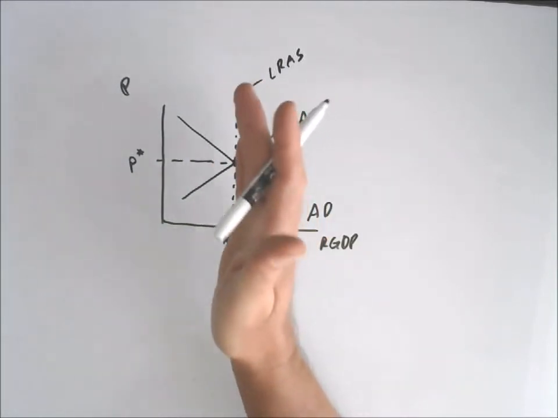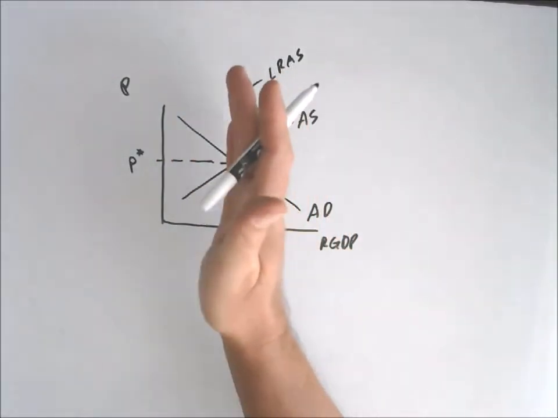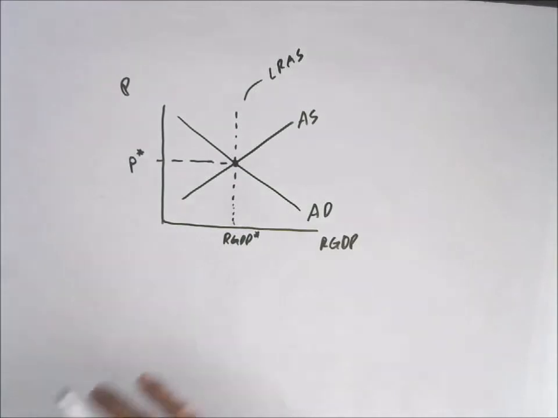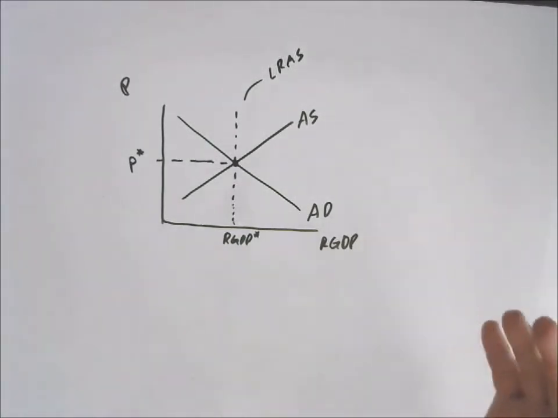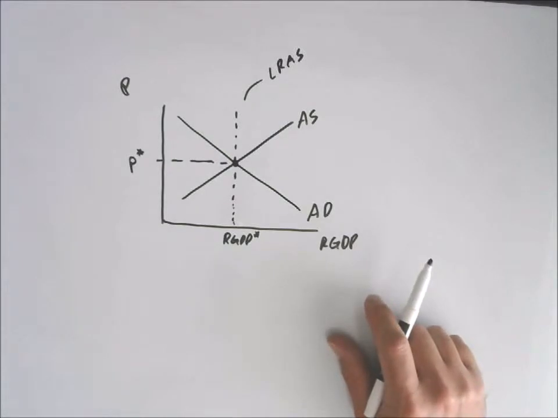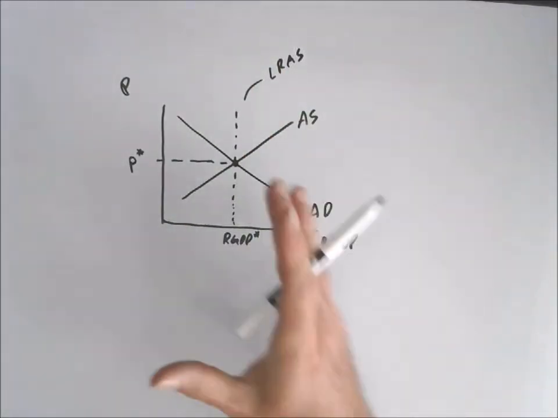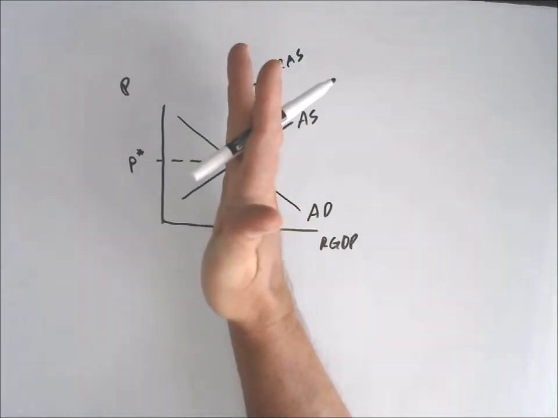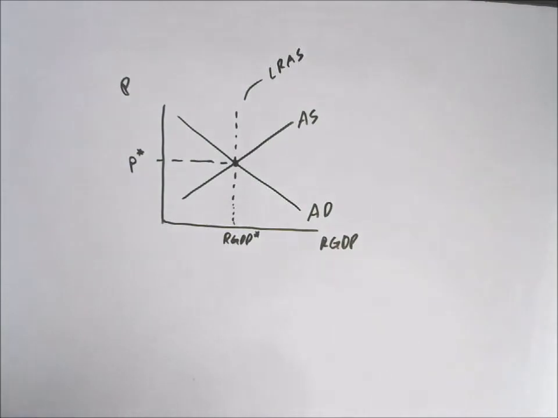There's no recession and there's no rapid expansion. It's just simply cruising through its long-run growth rate, whatever that is. So that's when the economy's at potential. No business cycle.